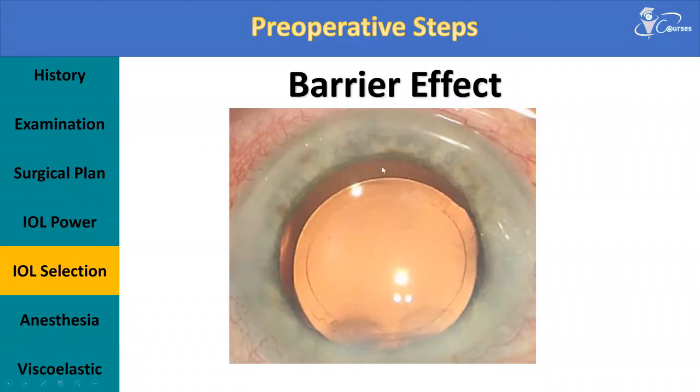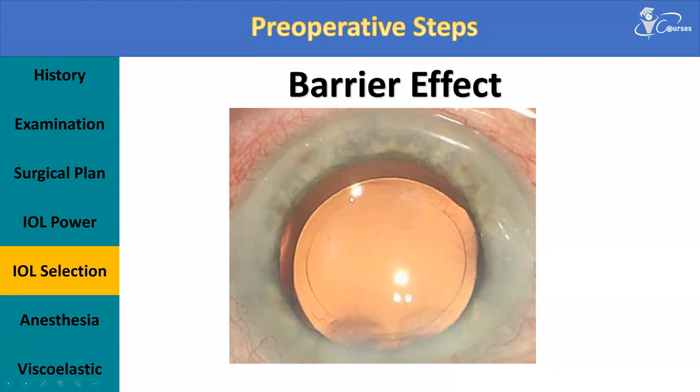Intraoperatively, we make the capsular opening slightly smaller than the optic of the IOL. This is the optic of the IOL, and you can see these are the edges of the anterior capsular opening, which is the anterior rhexis. By making the anterior rhexis slightly smaller than the optic, this will result in a barrier effect.